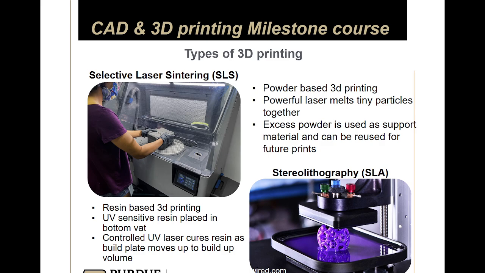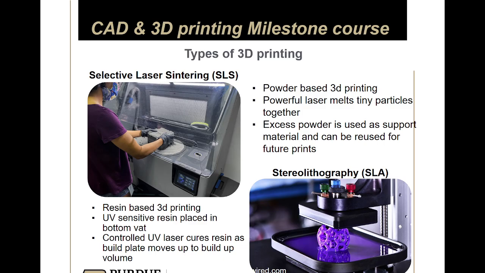In terms of the types of 3D printing, there's 3 categories that I usually think about. There's definitely more out there, but these are the 3 main ones. The first one that I'm talking about is SLS, which is selective laser sintering. You basically take a very fine powder of some kind, usually a nylon or something similar to that.